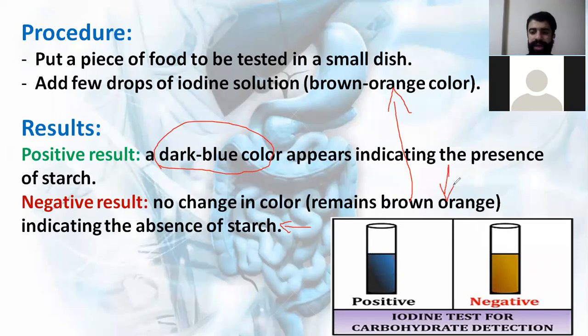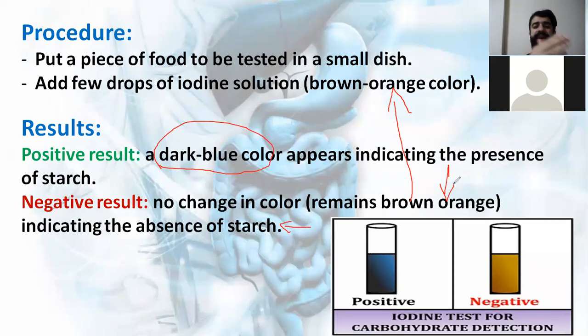Okay, so here this is the second test. If I told you to interpret, what do you have to say? Analyze plus indication. After adding a few drops of iodine solution to the food to be tested, the color becomes dark blue. What does this indicate? This indicates the presence of starch.